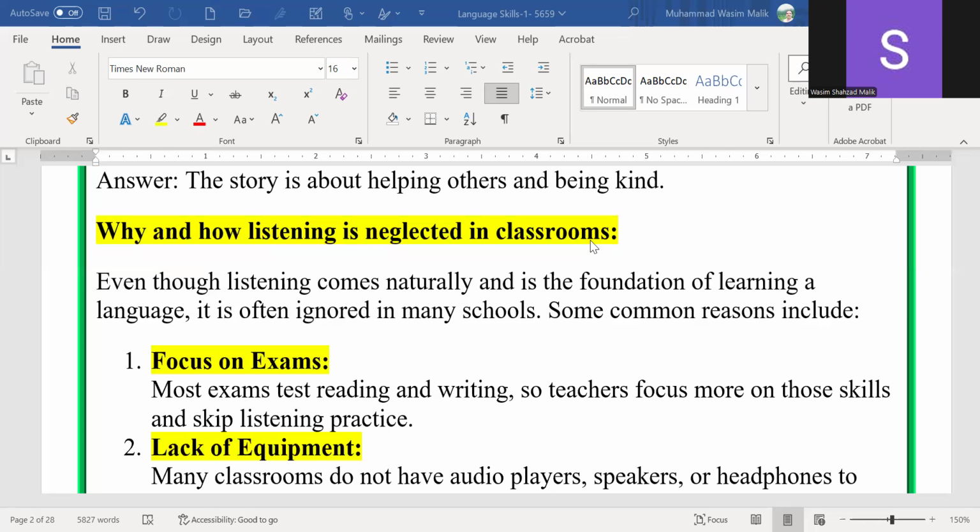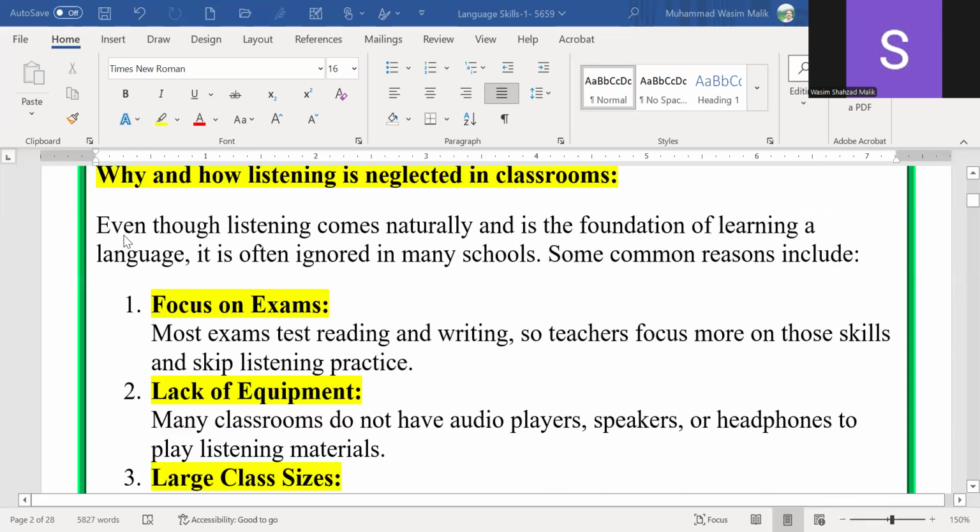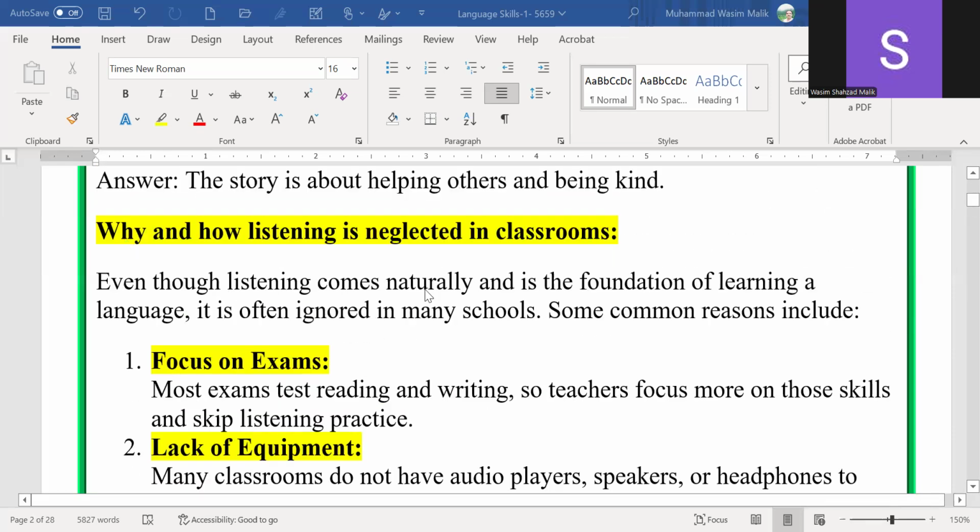There are so many reasons why listening is being neglected in public sector schools as well as in Urdu medium schools: lack of proper equipment, lack of trained teachers, and many others. We are going to discuss that. Even though listening comes naturally and is the foundation of learning a language, it is often ignored in many schools.